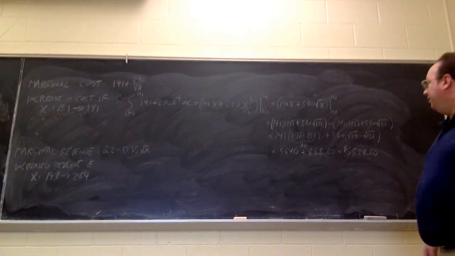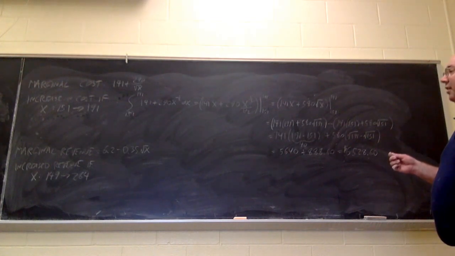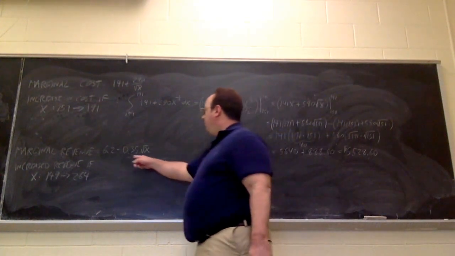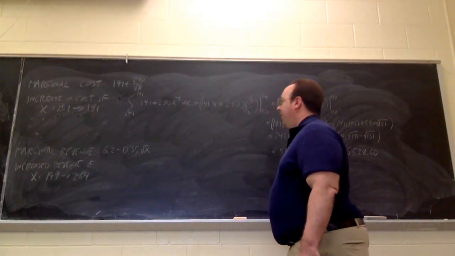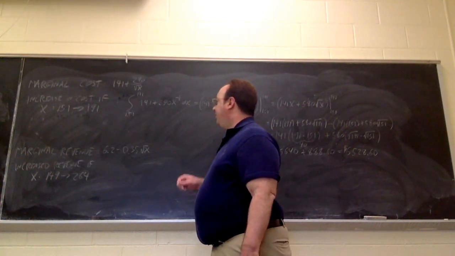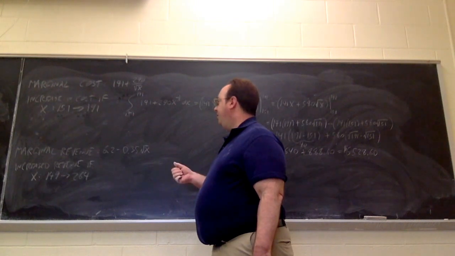Okay, so we can use a very simple approach to compute the increase in revenue given the marginal revenue. So here's our marginal revenue function, 6.2 minus 0.35 square root of x. And this marginal revenue is dollars per extra unit sold.